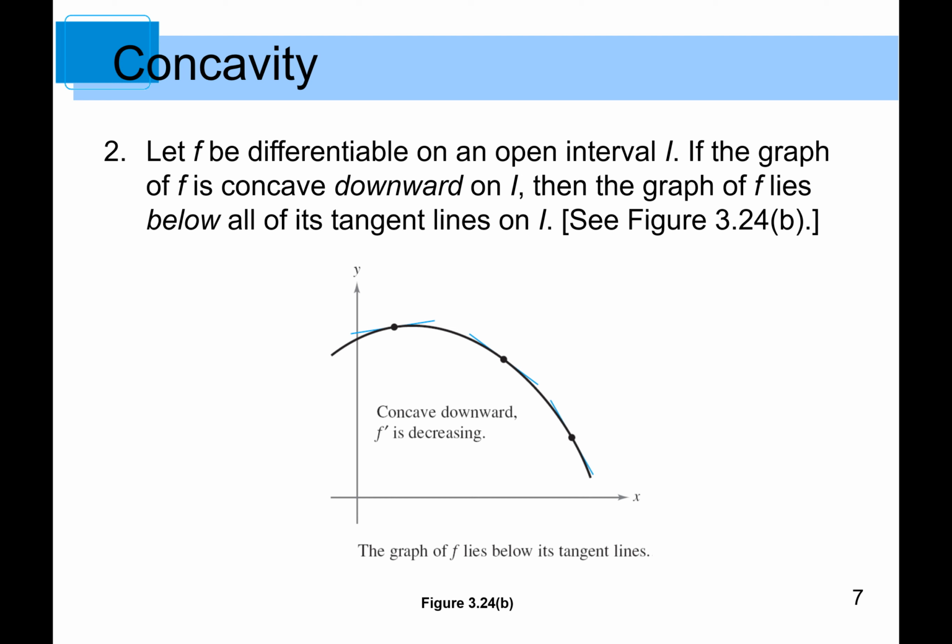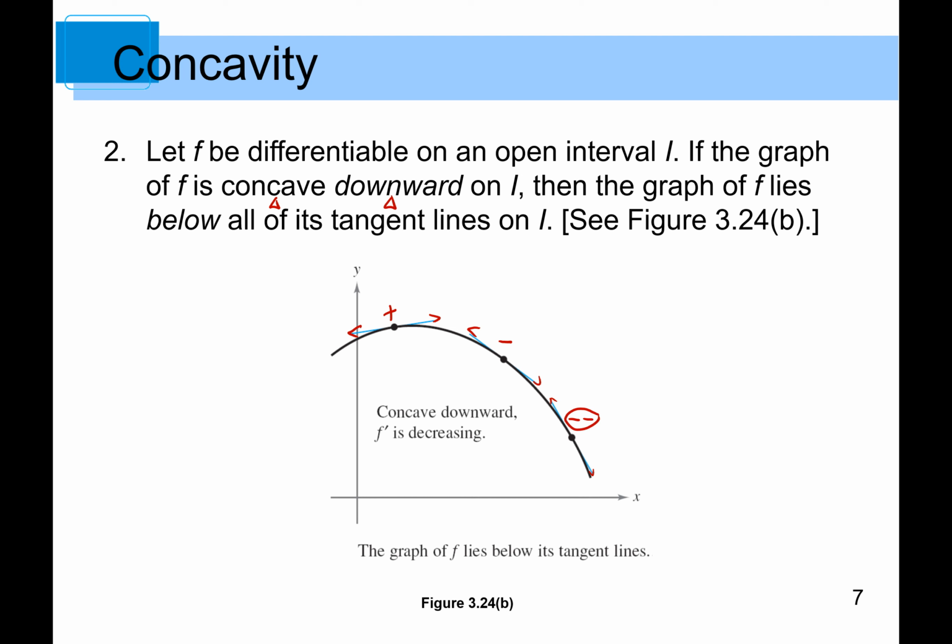Secondly, let f be differentiable on an open interval I. If the graph of f is concave downward on interval I, then the graph of f lies below all of its tangent lines on I. So all these tangent lines are on top of the curve itself. As you can see, this is a positive value, then it becomes a smaller value and then negative.